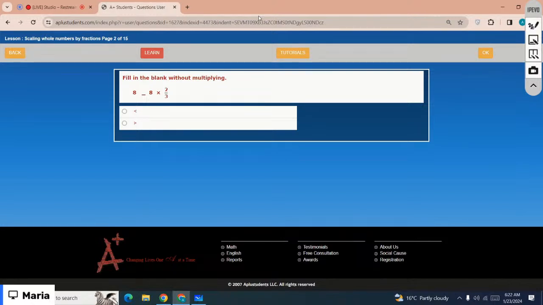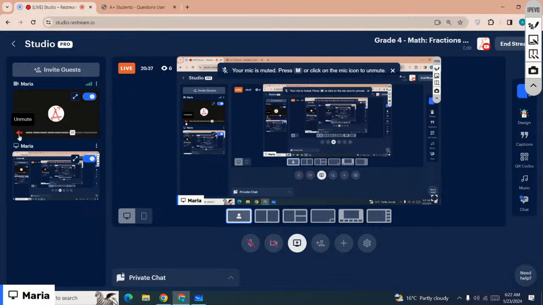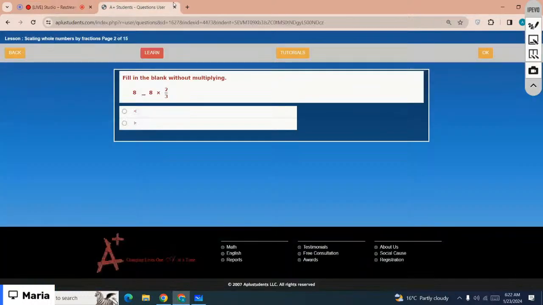Fill in the blanks without multiplying. Now you have to compare 8 to 8 times 2/3, which is the correct option?